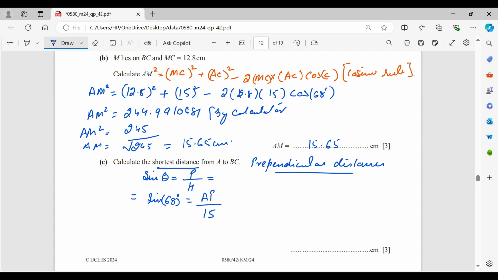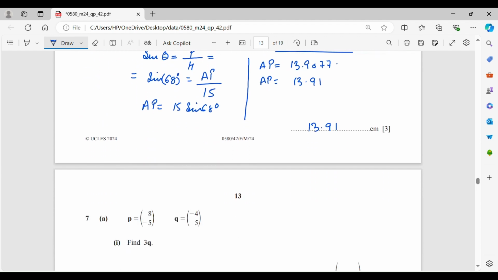So AP will be equal to 15 times sine 68 degrees. We will use a calculator. AP is approximately 13.9077, so AP is 13.91. So the perpendicular distance from A to BC is 13.91 centimeters.